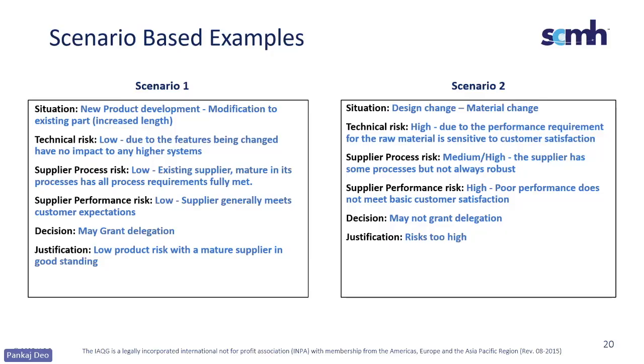It's better that the supplier goes through the motions of phase 1, phase 2, phase 3, phase 4. Once the PPAP package is created, the customer can review it, provide the approval, and may think of giving the delegation in the future. But in this scenario, they may decide not to grant the delegation and keep the right of approving PPAP packages to themselves.